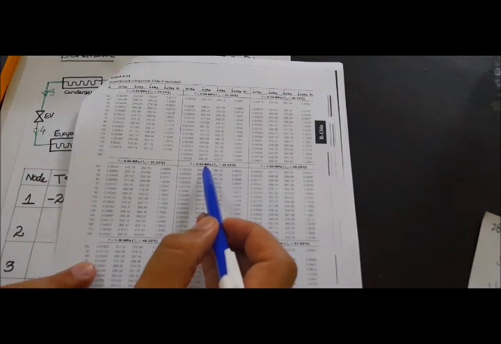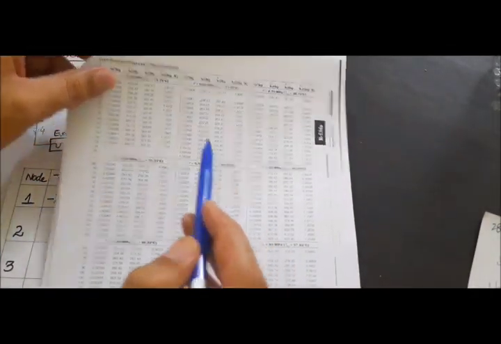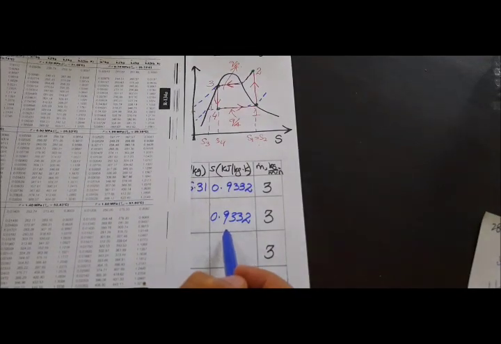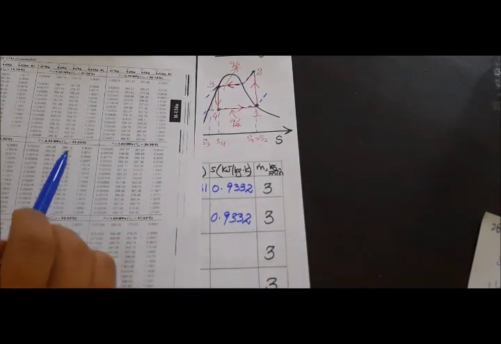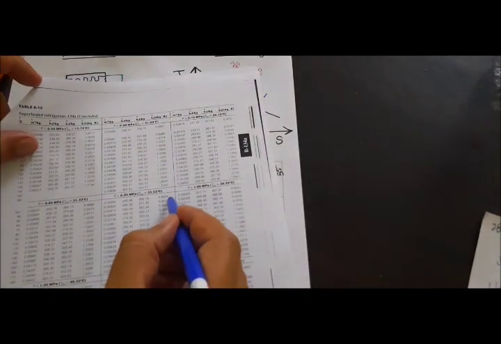Now you can see that at 0.9 megapascal, we know the entropy, and the entropy is 0.9332. So 0.9332 will come right over here, between this and this.